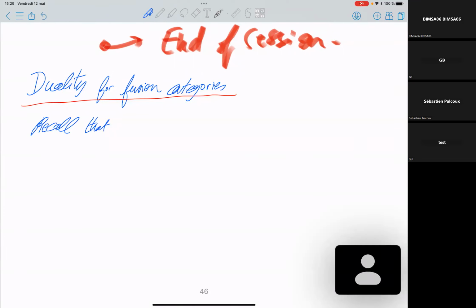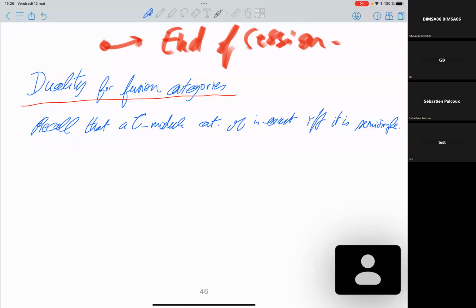This dual is fusion or multi-fusion if you need additional assumptions on the module. So recall that a C-module category M is exact if and only if it is semi-simple.